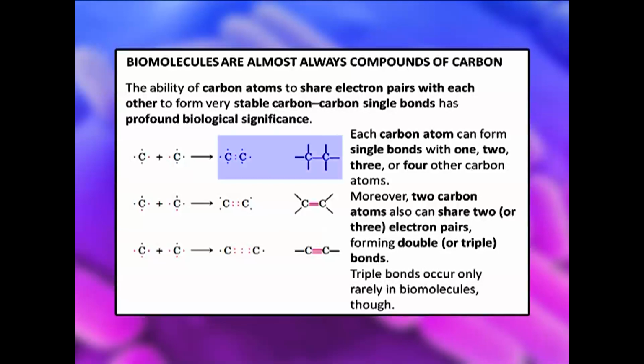Each carbon atom can form single bond with 1, 2, 3 or 4 other carbon atoms. Moreover, 2 carbon atoms can also share 2 or 3 pairs of electrons to form double bond and triple bond. Double bond is quite common, but triple bond is relatively rare in biological system.